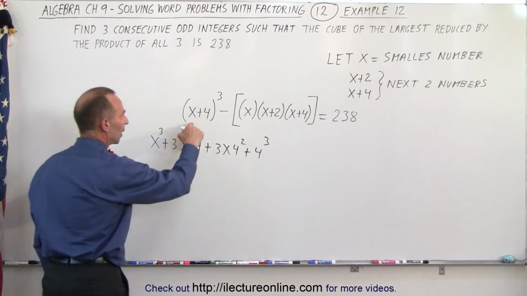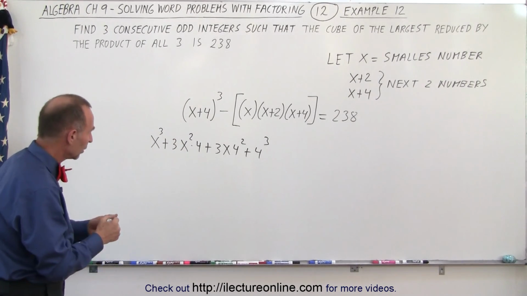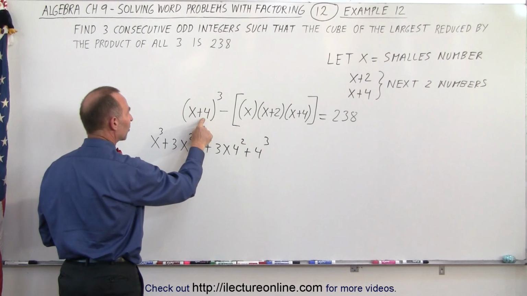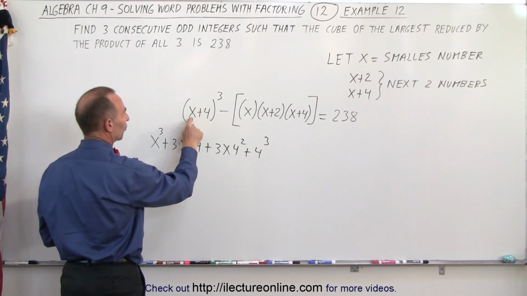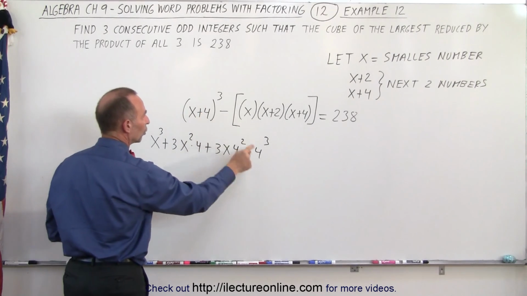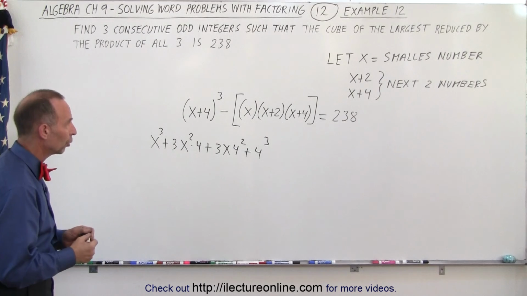So the way to cube a binomial, you take the first term cubed, then 3 times the first term squared times the second term, plus 3 times the first term times the second term squared, plus the last term cubed. So that's how we get all 4 terms when you cube a binomial.